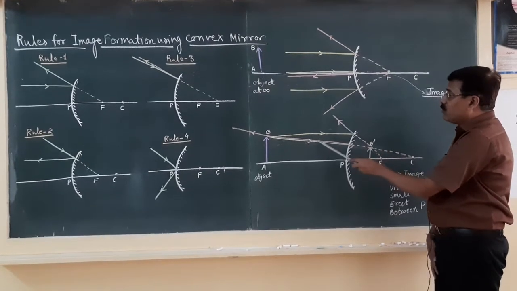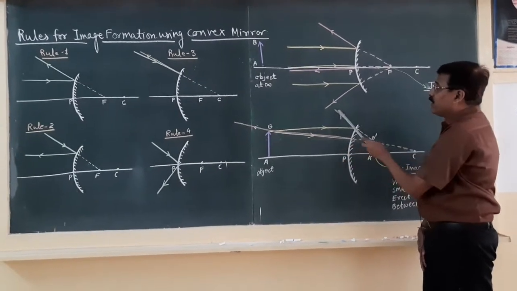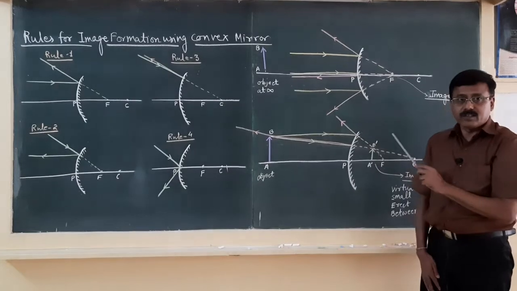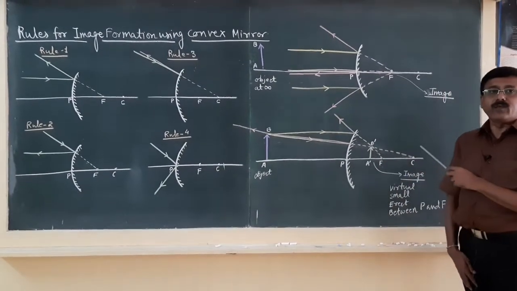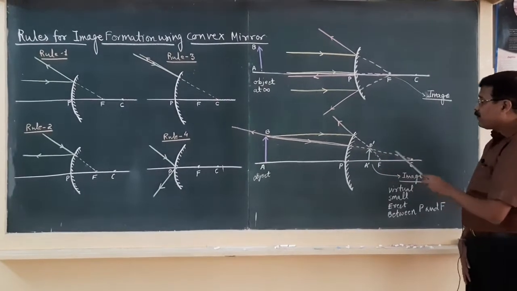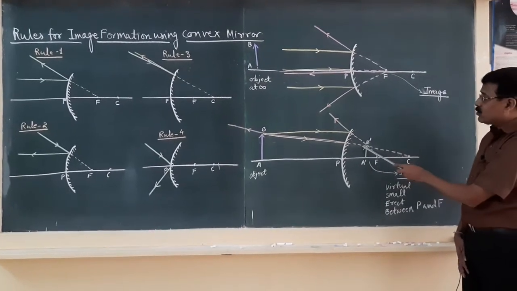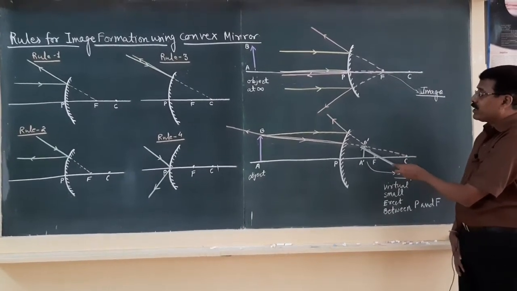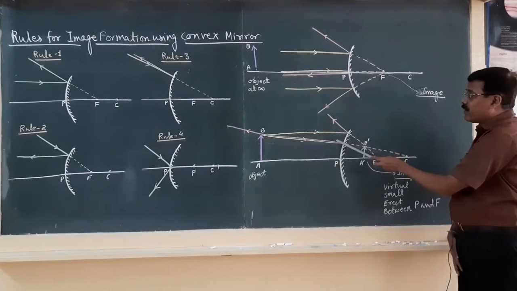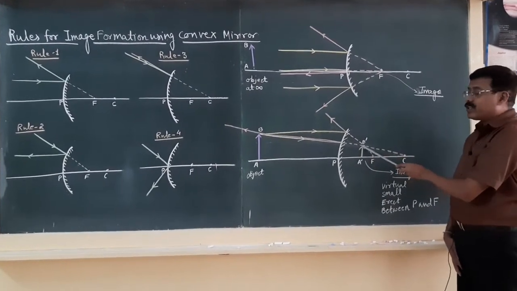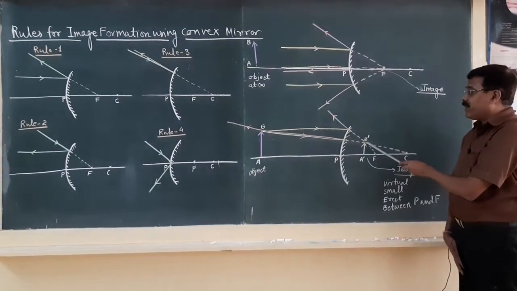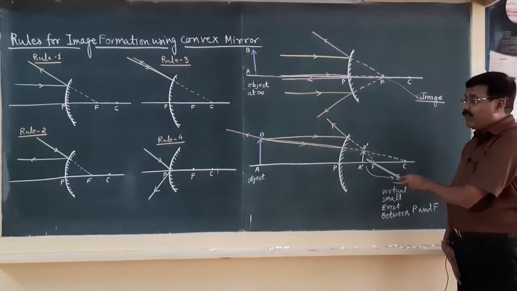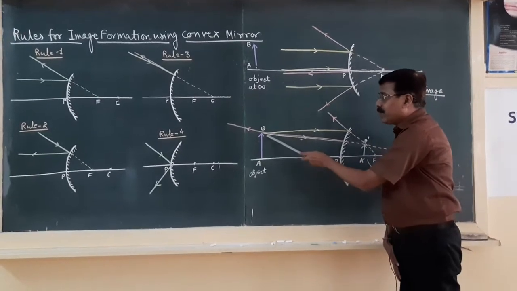So, these two reflected rays, you see, cannot intersect each other. The only possibility is when you extend them in the backward direction. When you extend in the backward direction, you find these two dotted lines, which are basically the extended reflected light, intersecting each other at point B dash. So, A dash B dash will be the image of this object AB.